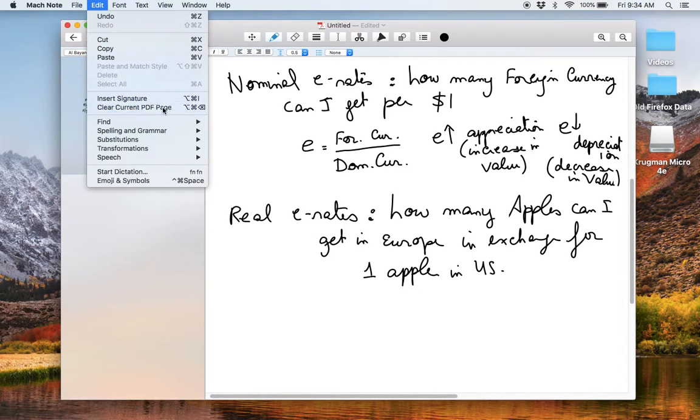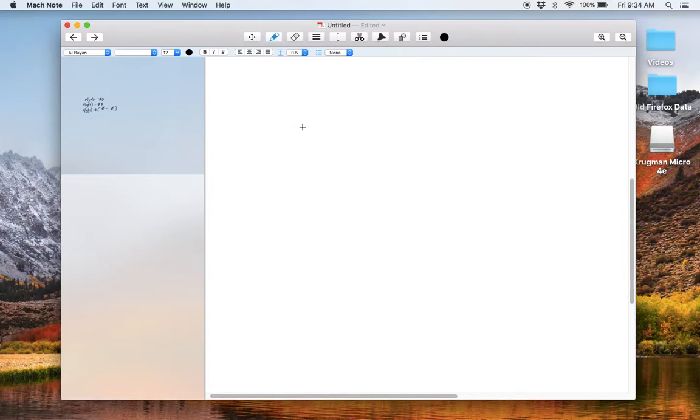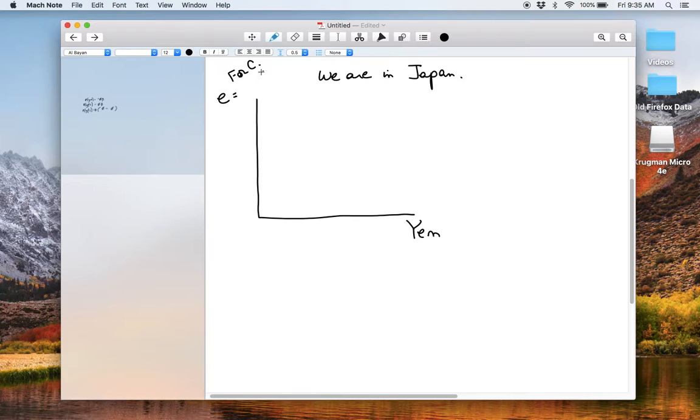So we can see it, okay? And I want to remind you, this is not just for dollars, right? So we can actually do this example. Say that we are in Japan, okay? So it would be the yen, the Japanese yen, and the exchange rate would be foreign currency per yen, okay?